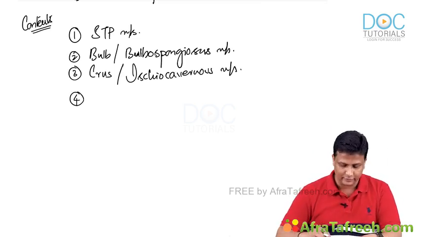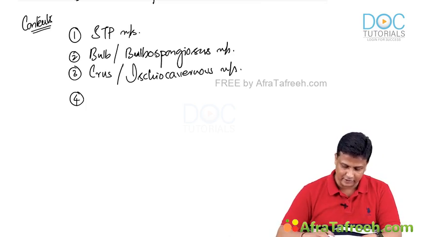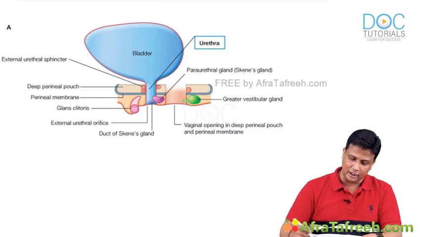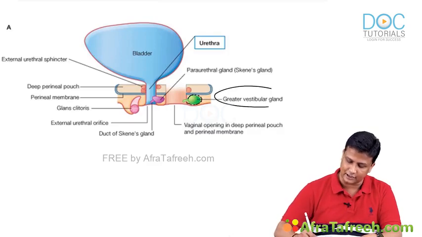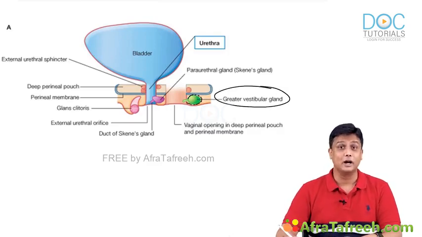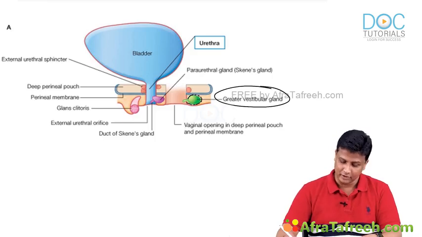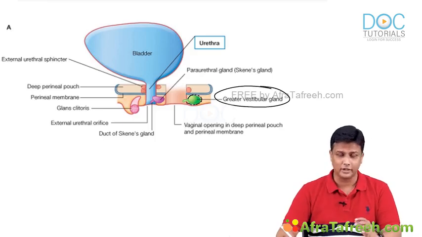From that time, we have actually seen the diagram only in the males here. Now let us try to see the diagram in the female, guys, in the female perineum. In the female perineum, we are able to appreciate one gland here. This gland will be the greater vestibular gland, which is also known as the Bartholin's gland in females. And that is another important content to be remembered.